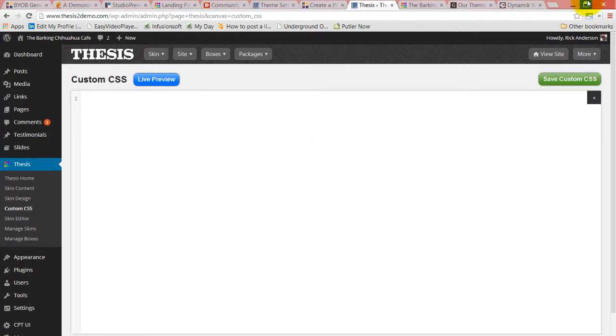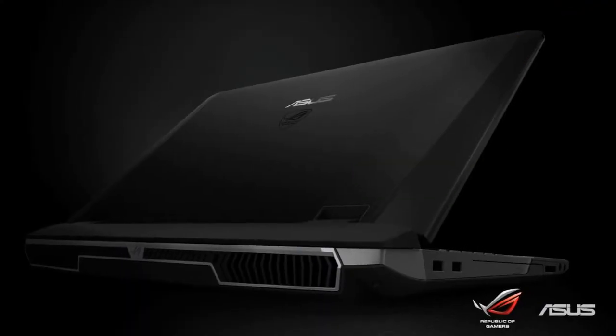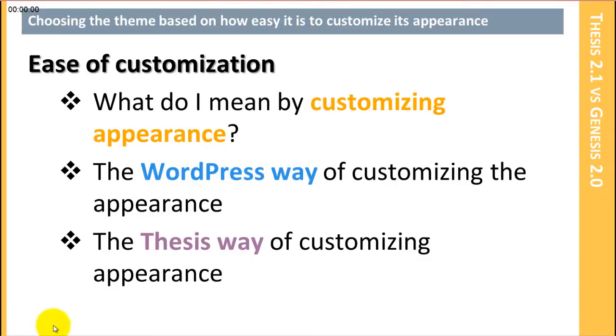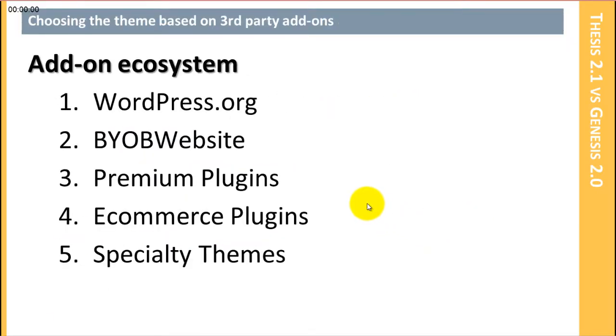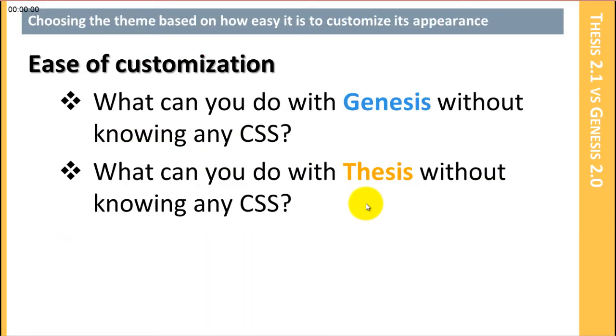So what can you do with Genesis without knowing CSS? Well, you can, as I showed you, change a very limited number of colors and change layout and stuff like that. Dynamic actually significantly increases the number of things you can change. So you can change font styles and colors.